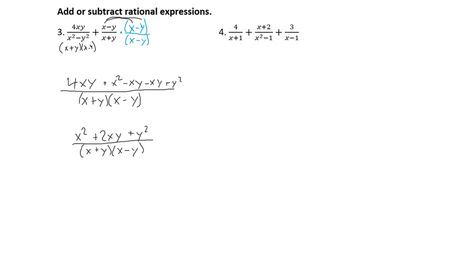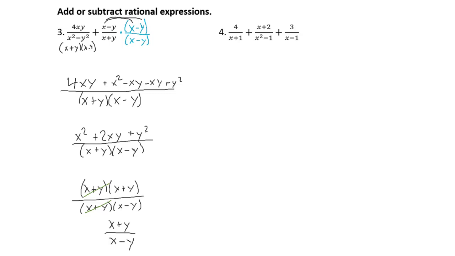Now, a lot of times you'll be done here, but you always need to check to see if the top also factors. It does. That's a perfect square there. So that will become x plus y on top. And on bottom, we have x plus y, x minus y. And then you can see that we have factors that can cancel. And then that will simplify to x plus y over x minus y.